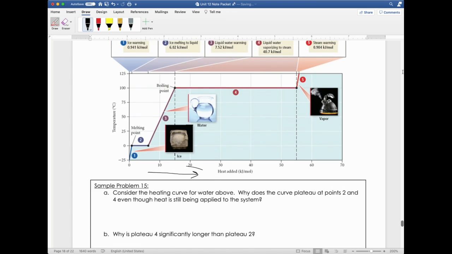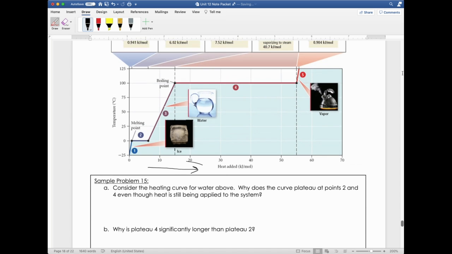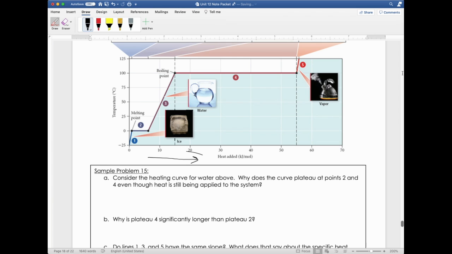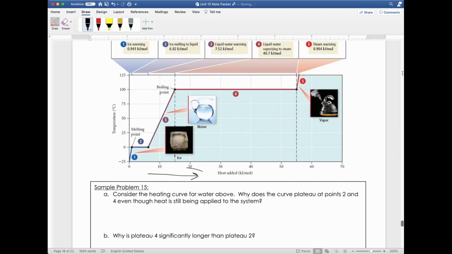So let's go ahead and answer sample problem 15 using this particular image up here. Consider the heating curve for water above. Why does the curve plateau at points 2 and 4, even though heat is still being applied to the system? And like I said, you're going to see this very nicely in a lab that you're going to do.